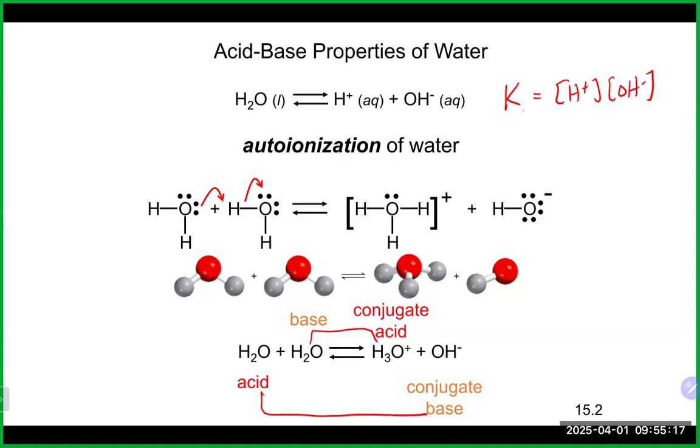This, of course, has to do with water, so creatively that is known as Kw, which is the ionization constant for water. At 25 degrees, as we will see, this does equal an actual value of 1 times 10 to the minus 14. So this relationship is a really important relationship.